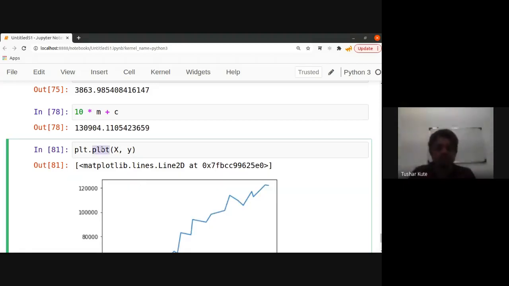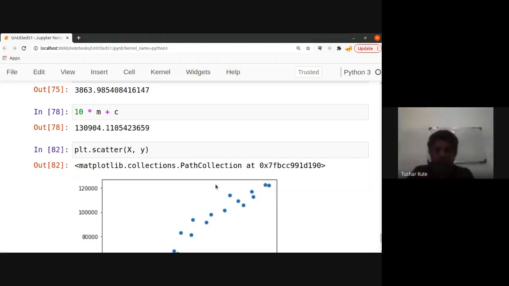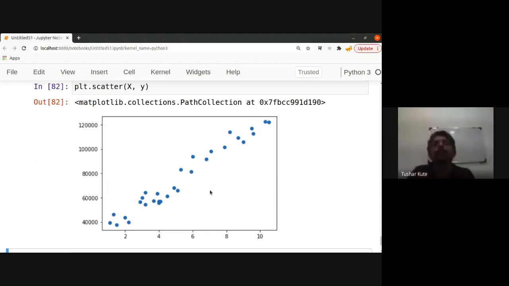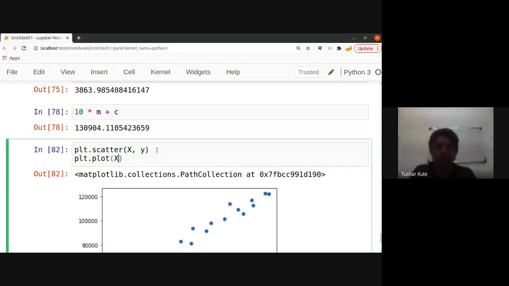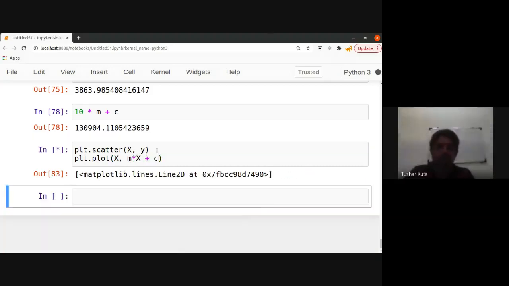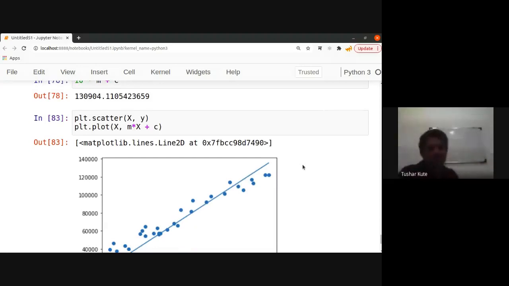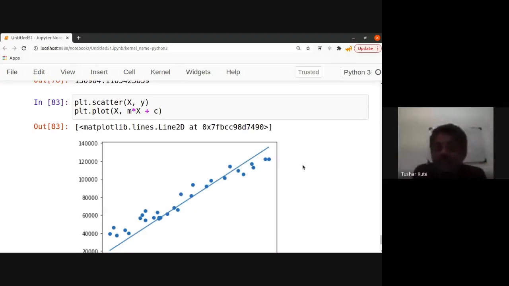See, scatter the original data, and then the predicted data, x and predicted y, that is, you should have an equation there: m into x plus c. Yes, see this one. This is the gradient descent line.